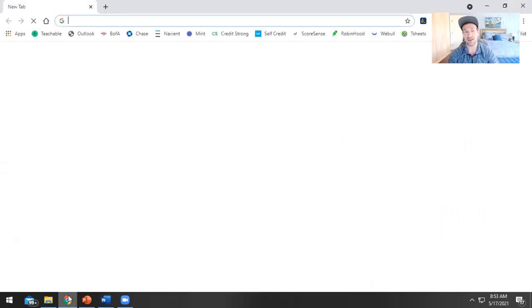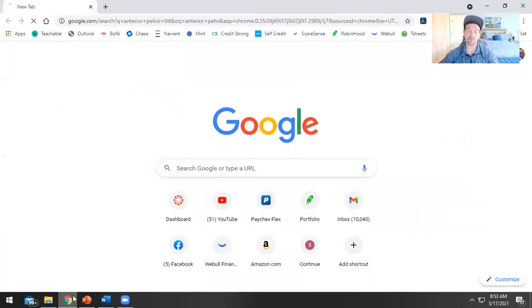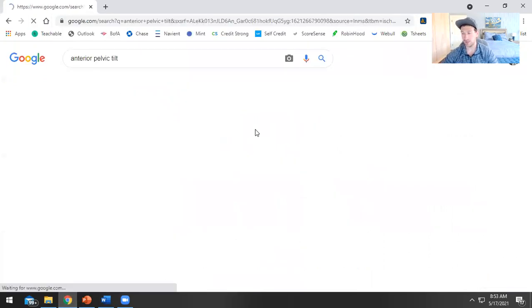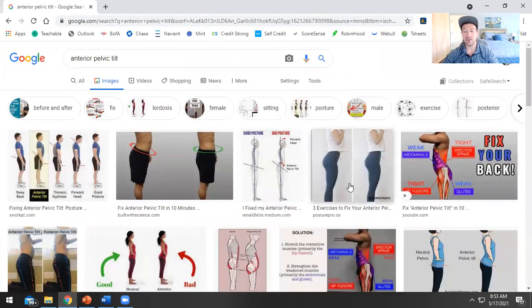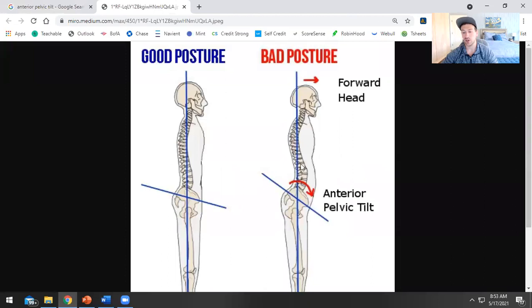Kind of the classic example is an anterior pelvic tilt, that lower cross syndrome that we've talked about so many times. A good example of this, if you look at a skeleton version, you can see this is putting too much pressure on certain parts of the spine and not enough pressure on others, and then too much pressure in other parts of the spine again. Your spine literally has to do this extra curving action in order to compensate for the weight.